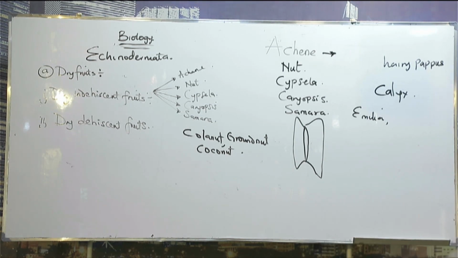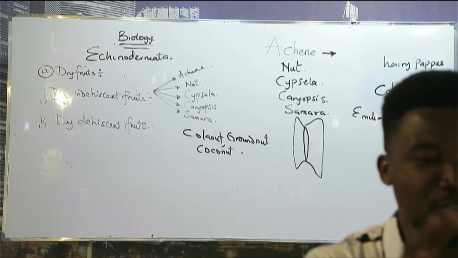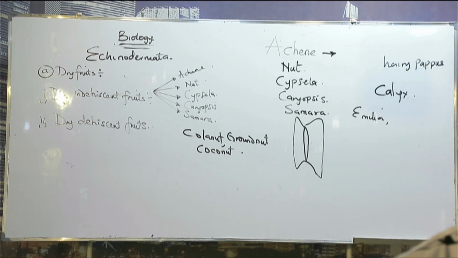Just like we have an apple, the fleshy part comes from the receptacle. Another one is African pear. The part you lick is the receptacle. The receptacle forms the fleshy part of the African pear. Then the part you just throw away is the ovary and the ovule. Do you now understand? You wanted to ask something?